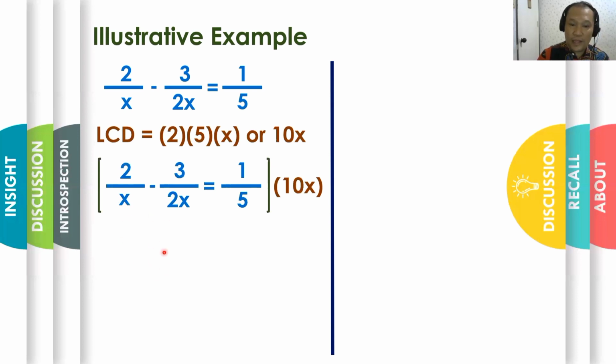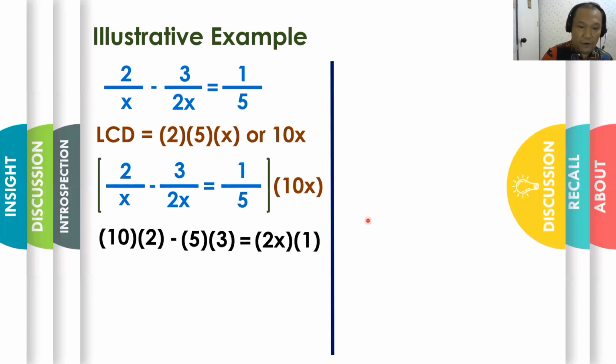Therefore, we do have 20. 10x divided by 2x multiplied by 3. Okay, we do have 15. 10x divided by 5, we do have 2x, then multiplied to 1, we have 2x. Therefore, we do have 10 times 2, 5 times 3, and then 2x times 1.